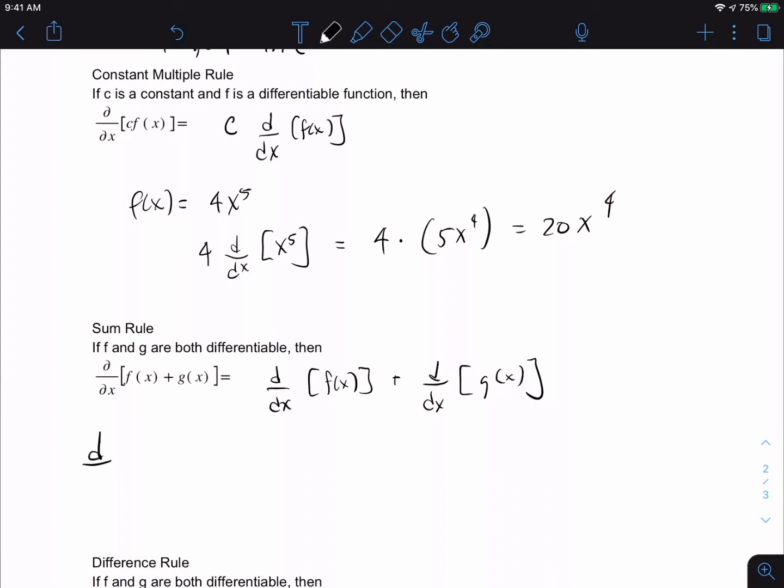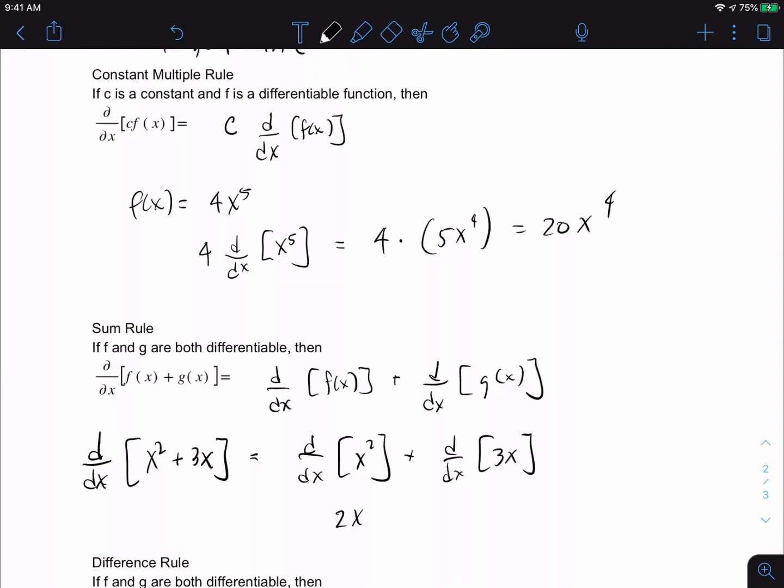So if we did a derivative of, like, x squared plus 3x, that's two functions, right? X squared is the f of x and 3x is the g of x function. We can take the derivative of each individually. Don't worry, we're never going to do it this way, but it's just showing you that this is derivatives. So this becomes 2x, that one becomes 3, and that is the derivative of x squared plus 3x.